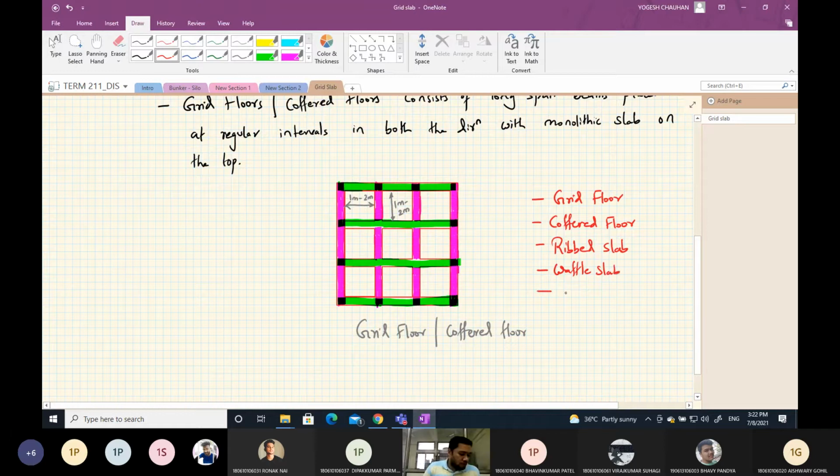And sometimes it is referred to as voided slab, because if we cut some portion of the tension zone or some part of the compression zone of a solid slab, then they can be seen as a voided slab, though voided slabs are different from these slabs.